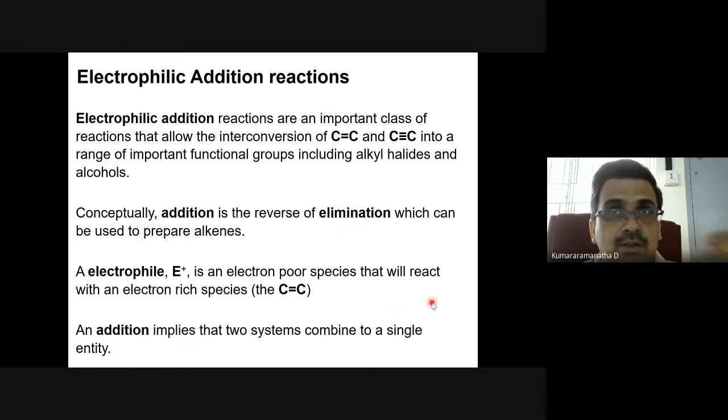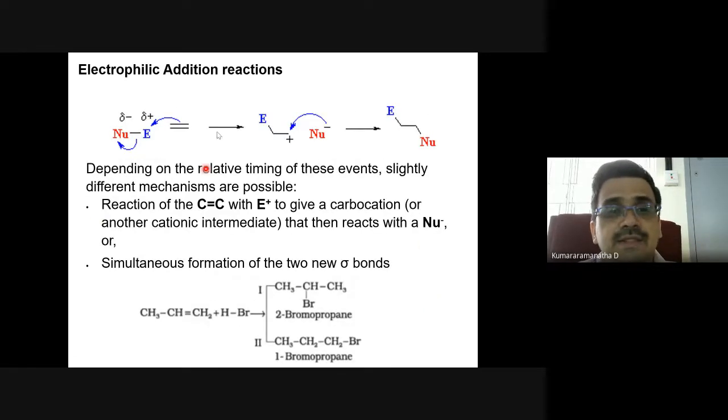An electrophile, as you are already aware, is an electron deficient species. If you have double bonds, they add to an electrophile so that the molecule saturates, and then the nucleophile will add, rearranging because of the charges, and you get an electrophilic addition reaction.